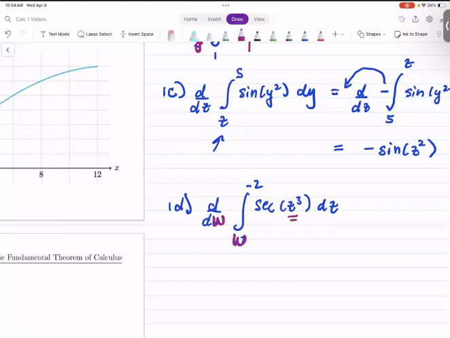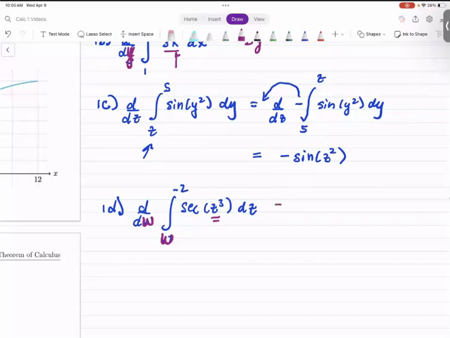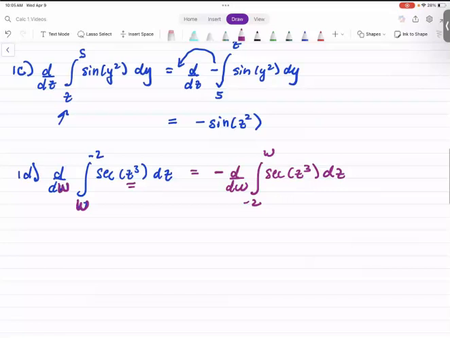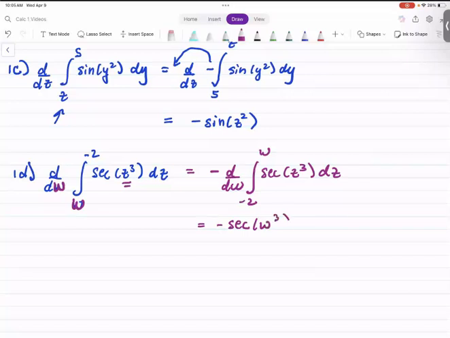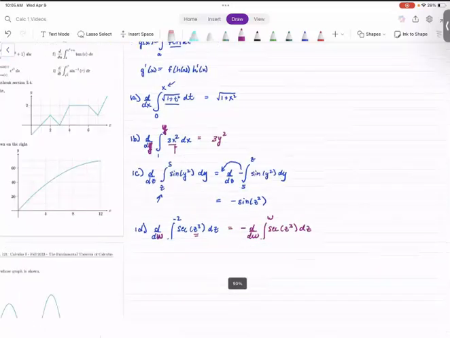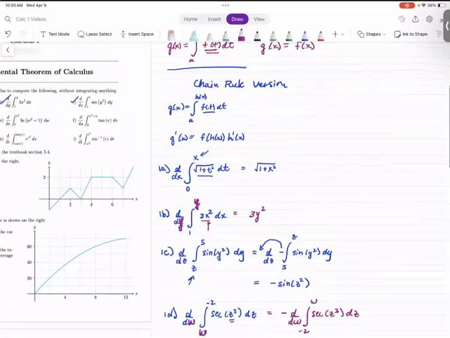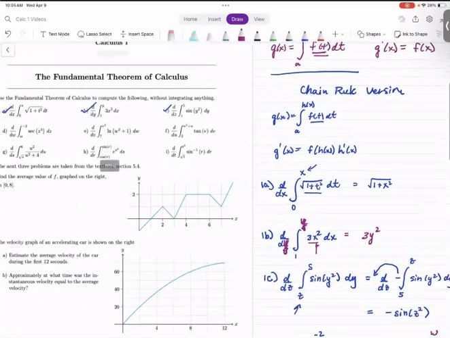All right, we have to first flip this so that it's a to w as opposed to w to a. So this is the negative of d/dw of the integral from negative 2 up to w of secant of z cubed dz. Now we just apply the theorem. So it's the negative of secant of w cubed. Easy peasy.